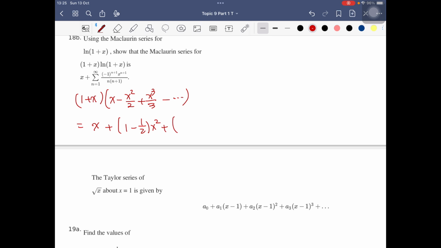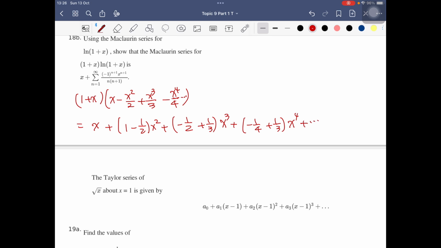The term of x cubed is plus 1 over 3 x cubed. Maybe we can go one more following the pattern. For x to the power of 4, negative 1 over 4.